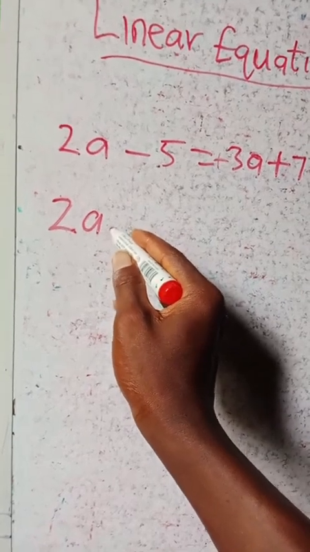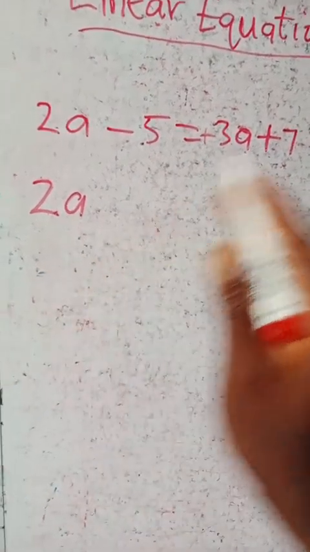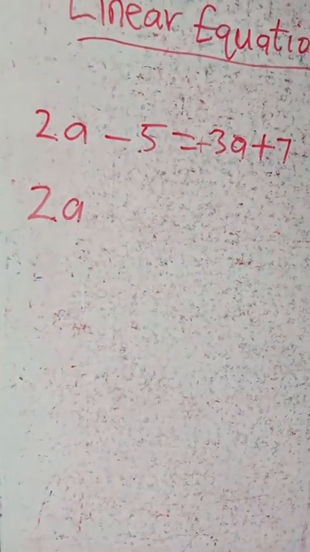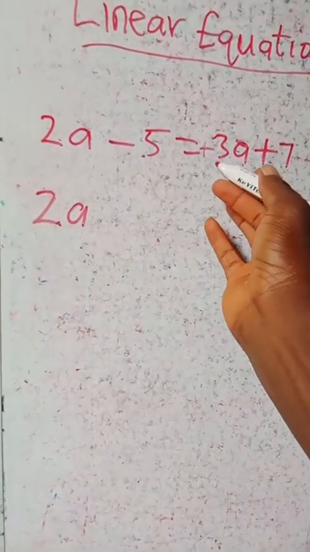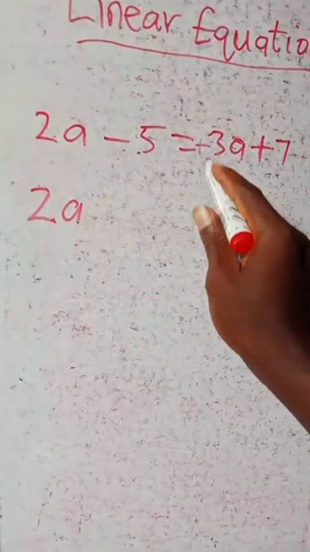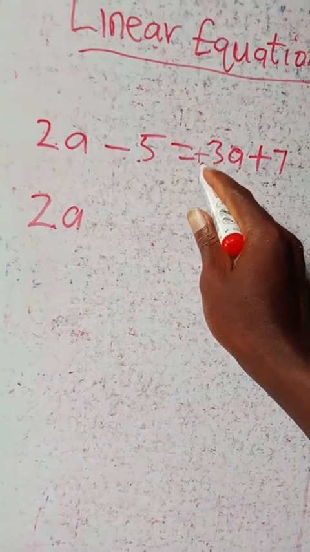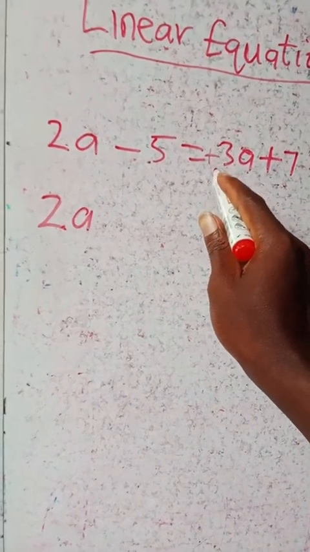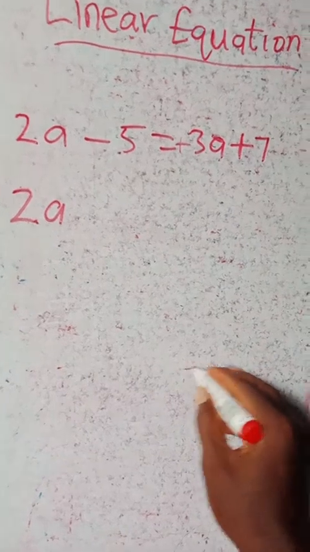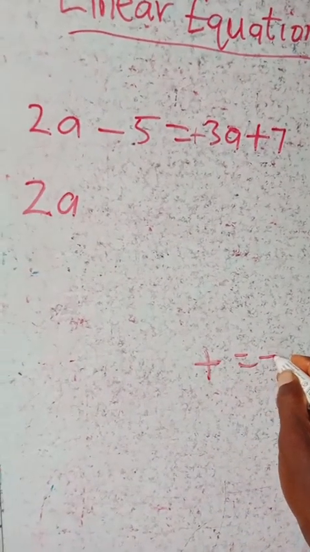I said let all the alphabets be on one side, then the other numbers stay on one side. If we have to move this 3a to the other side, it has an invisible plus here. So if it is plus crossing an equal to sign, it changes to what? Minus.